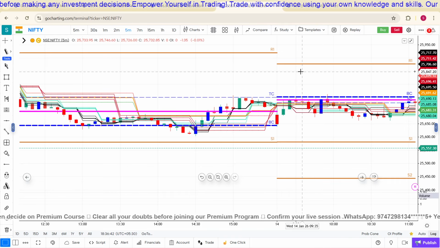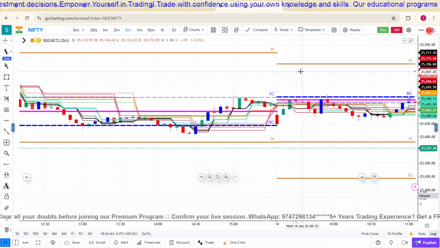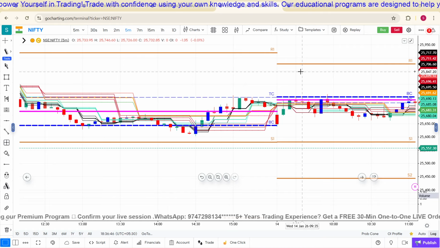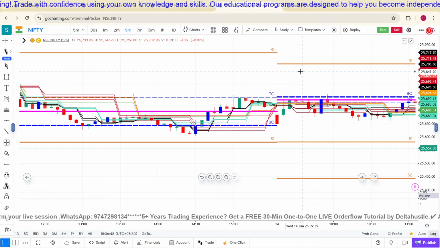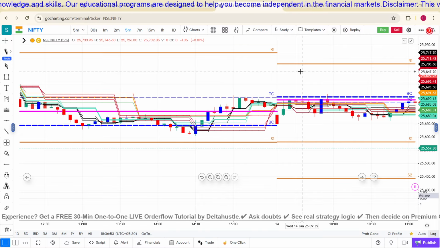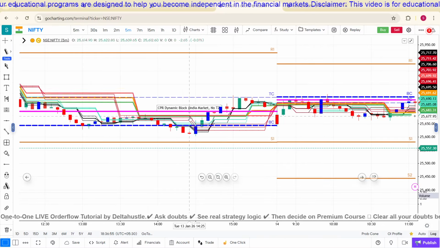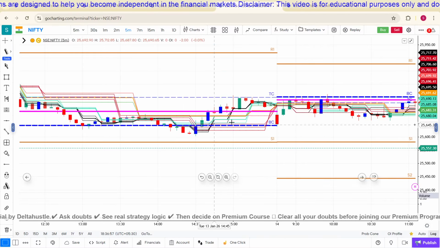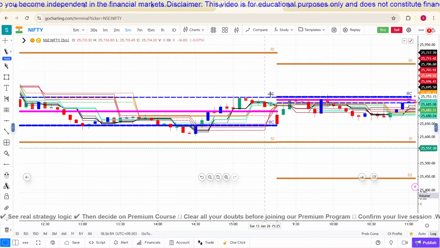For intraday, you cannot use MACD and all. Static levels you use, that is better than directional indicators. And with this technique, you can avoid the fake breakouts. A lot of fake breakouts will happen.